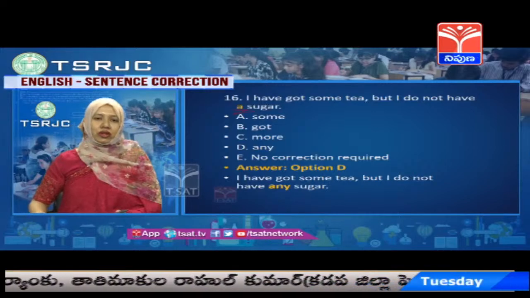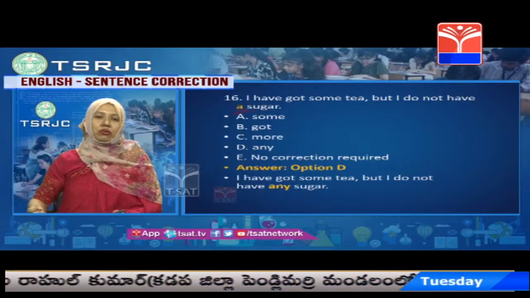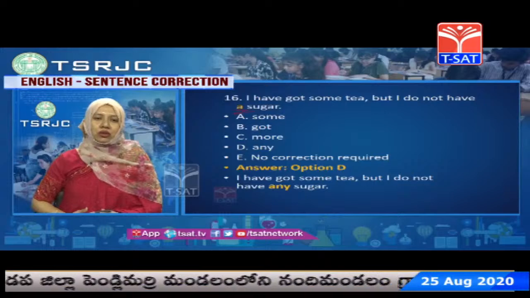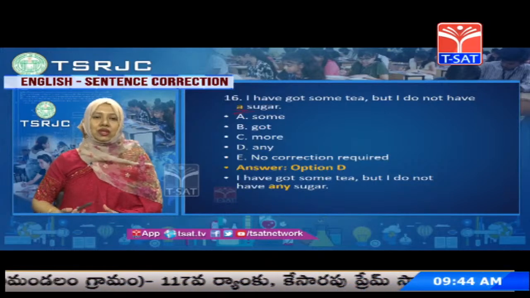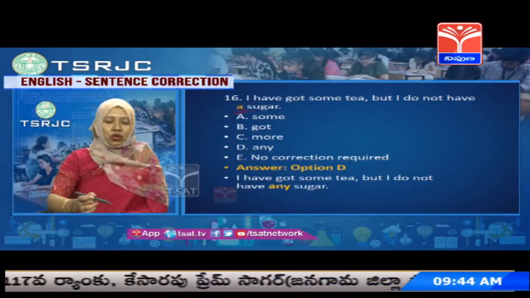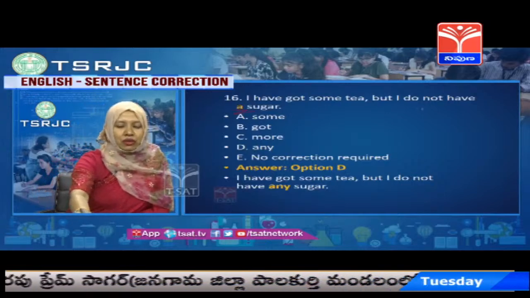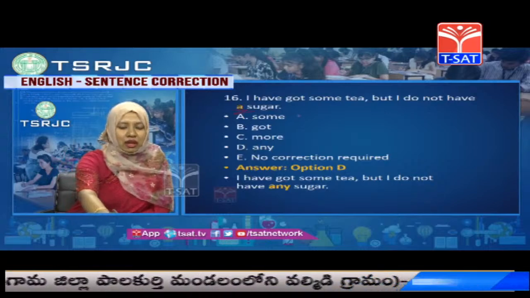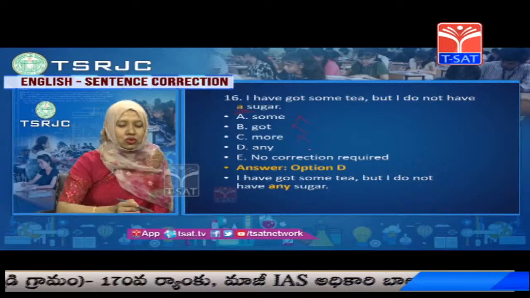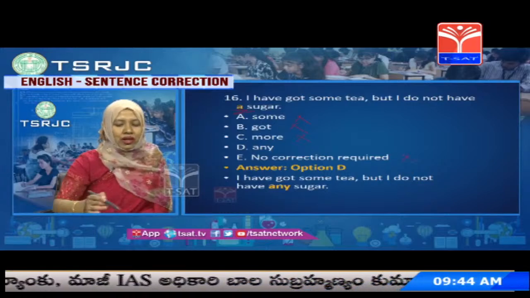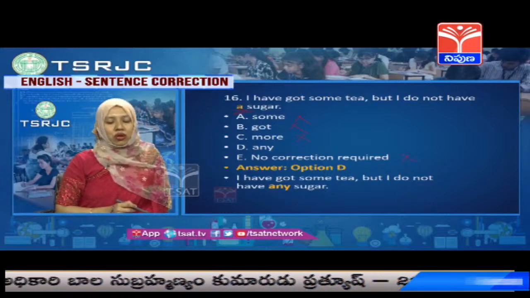It talks about quantity, it is uncountable. So before uncountable nouns, we use any. I have got some tea, but I do not have some sugar is wrong, got sugar is wrong, more sugar is wrong, no correction required also is wrong, because there is a mistake.